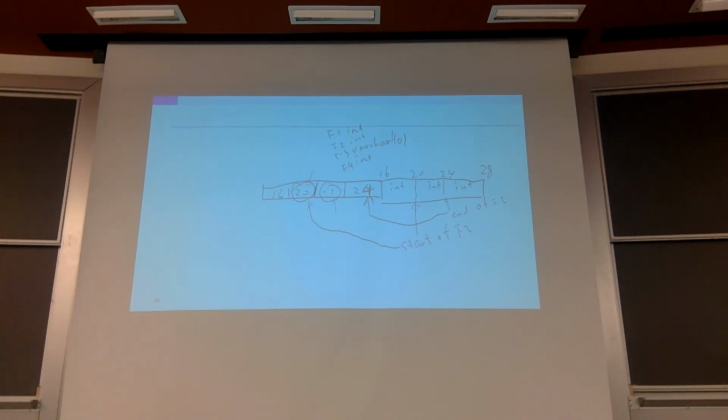So the next non-null field will be based on this field. So this is F2's start. This is supposed to be F3's, but it's not, so it's not occupying any space. The actual non-null will be here, F4. So F4 is based on the 20. You add 4 to that.